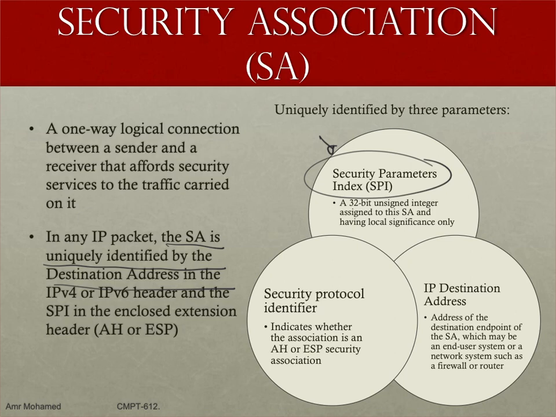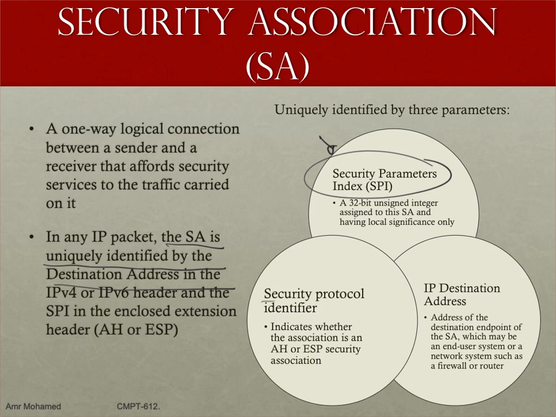The security parameters index in the packet will point to the security association database. This is like the primary key that I use to go to the security association database and fetch all the security context information related to that particular traffic. Okay, so this will help me to authenticate the packet, to decrypt it, and to process everything.